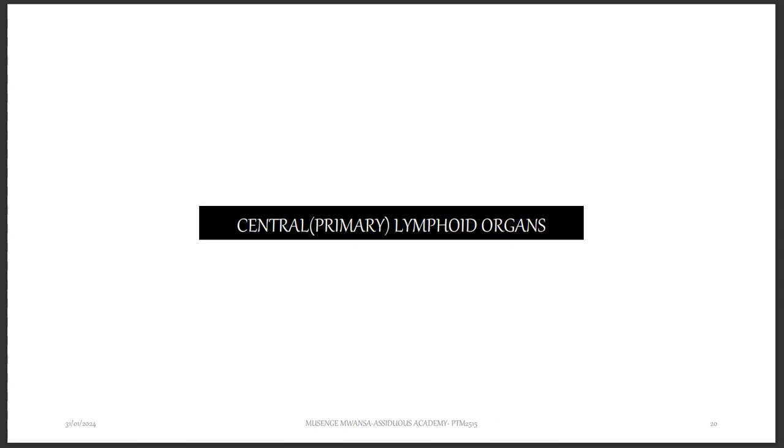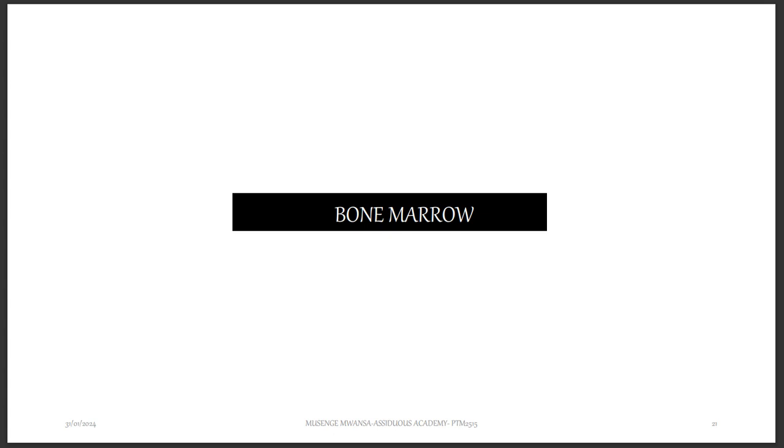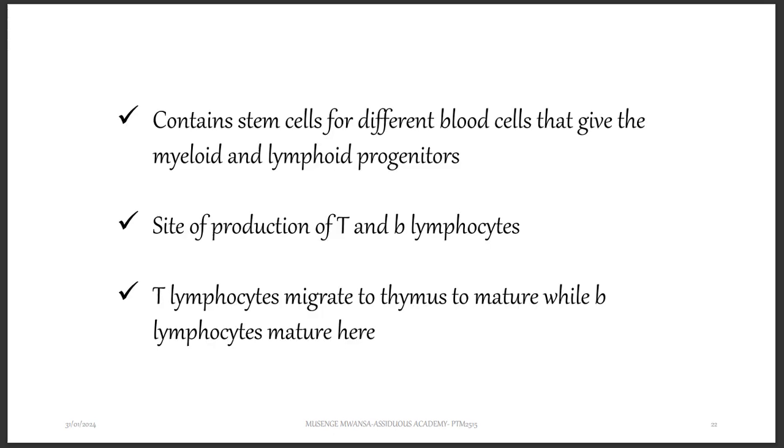So starting with the central, also known as the primary lymphoid organs, we'll start with the bone marrow. Bone marrow contains stem cells. What we mean by stem cells is that these cells can give you other cells. So the bone marrow contains stem cells for different blood cells.